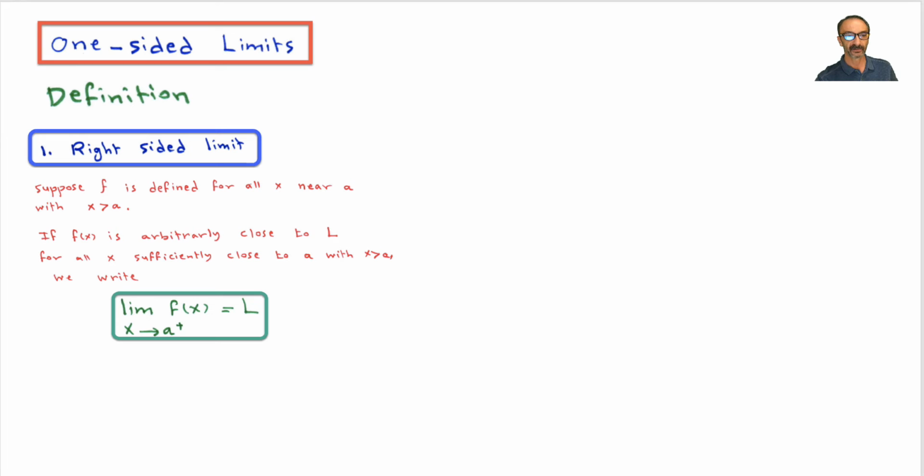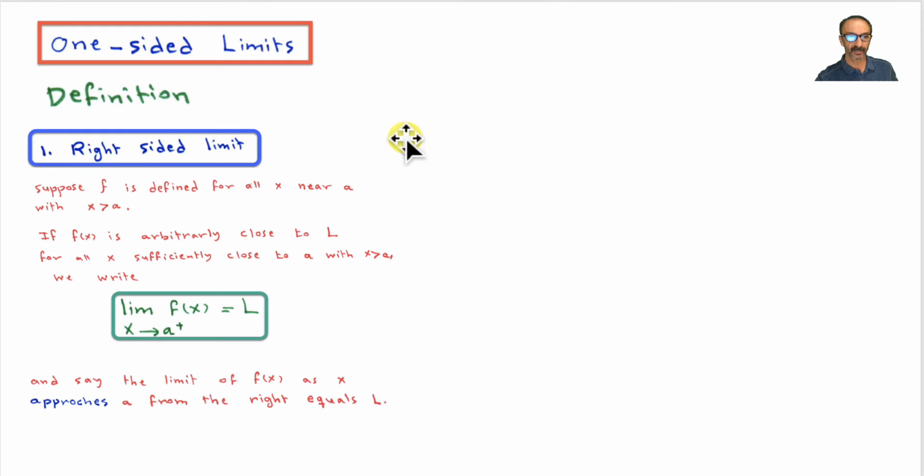We write the following. Limit f of x as x approaches a from the right equals L. This is what this one is describing. You're approaching it from the right and you're approaching a certain limit as an answer. The first table was the idea to see the concept right here.